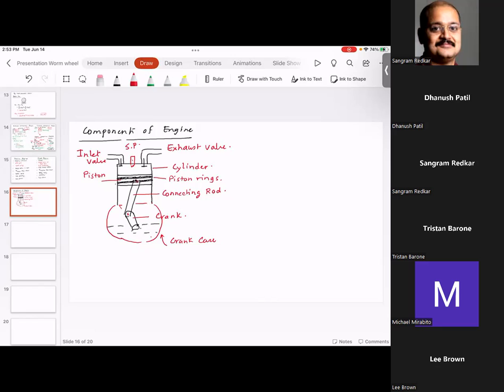And in the last stroke, the piston again starts going from the bottom dead center to top dead center. Exhaust valve opens, and basically all that charge gets thrown out. So that is called the exhaust. So this is called a 4-stroke engine.